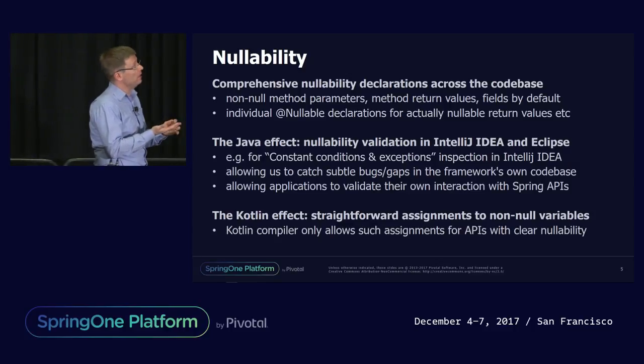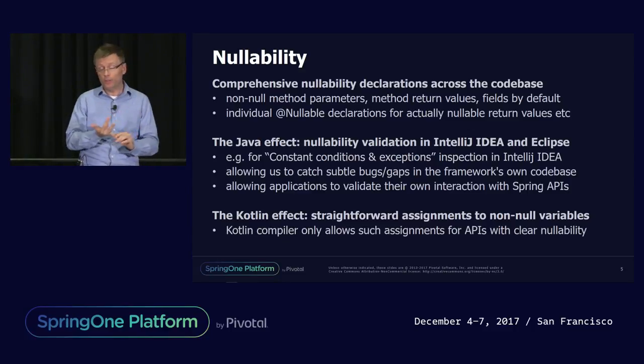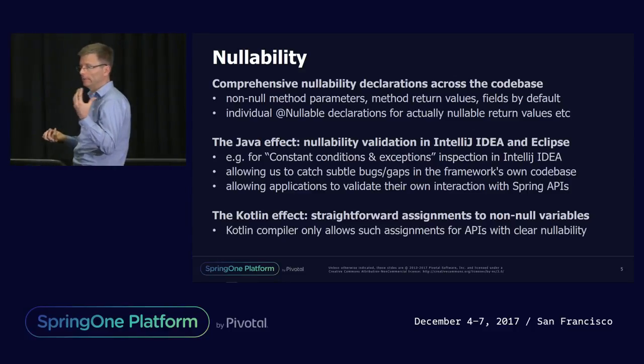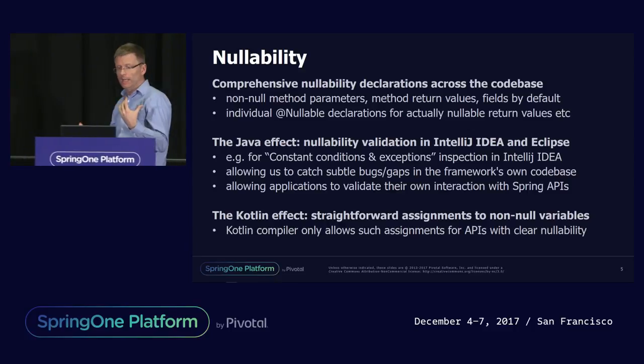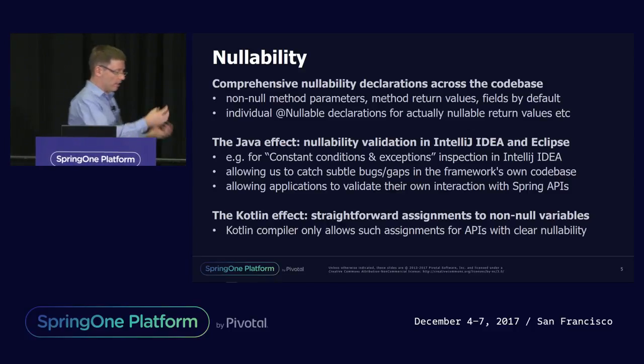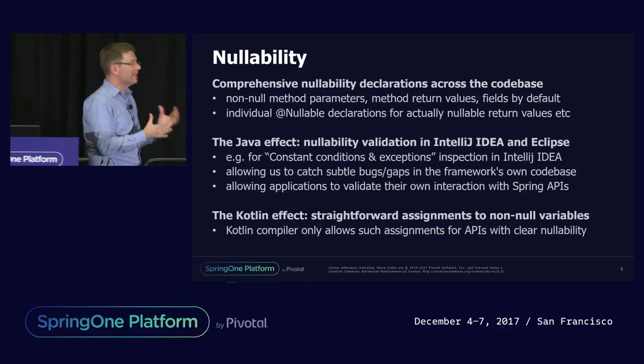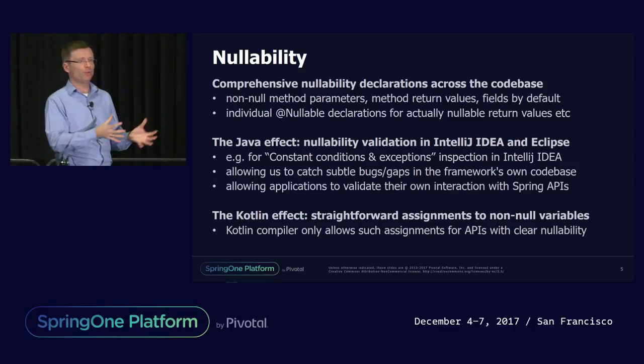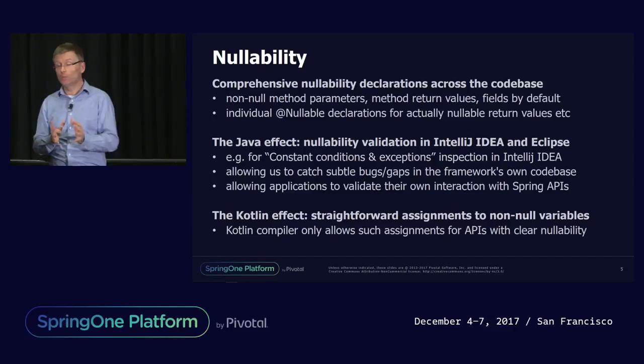We started using the IntelliJ IDEA features for nullability validation, so identifying spots in the code flow where you make assumptions about the nullability state of certain fields that are not actually true. This is super useful.